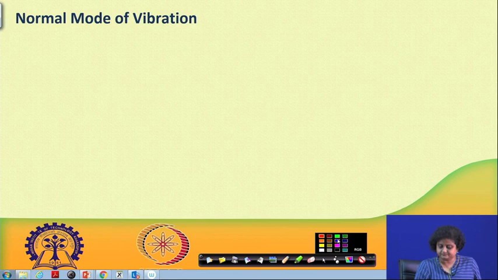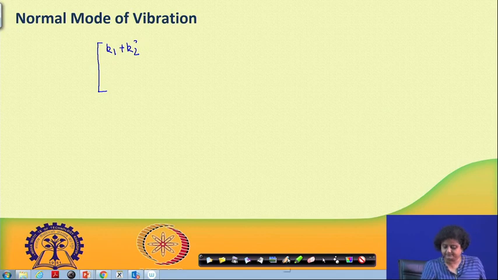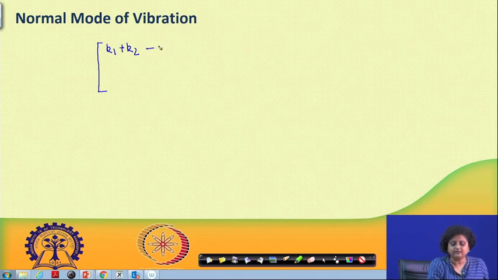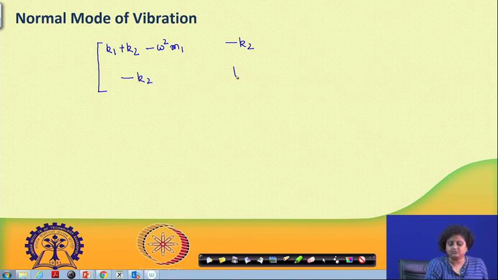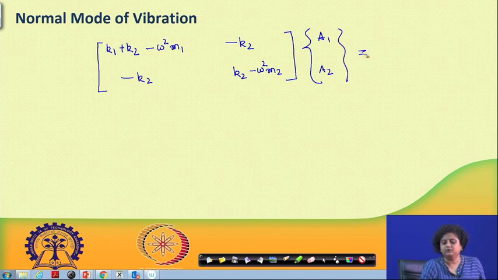Therefore, what we get is the matrix [k1 plus k2 minus omega square m1, minus k2; minus k2, k2 minus omega square m2] into [A1; A2] is equal to 0.